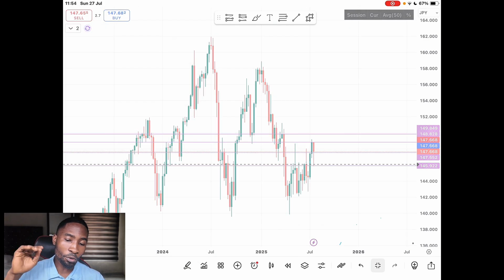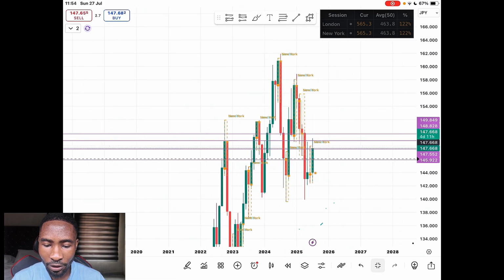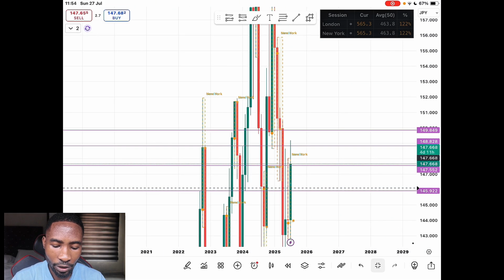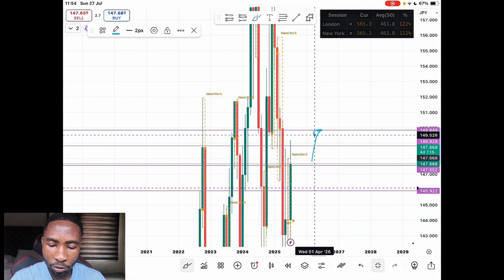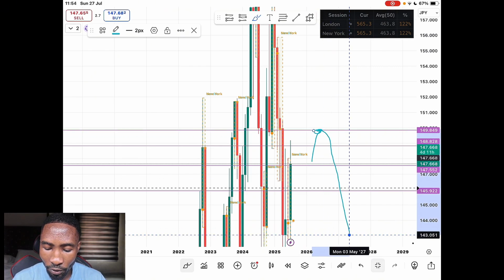First of all, we start from monthly time frame. The monthly time frame still shows that we're bullish, right? Then from what I'm saying, we still need the market to come to this place before we can know whether the market is going to retest it and go down.